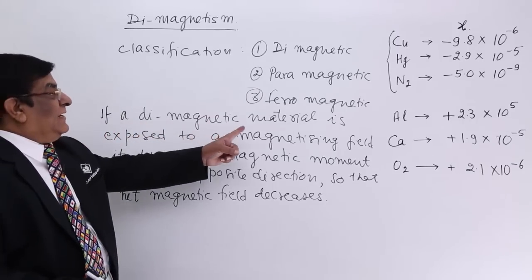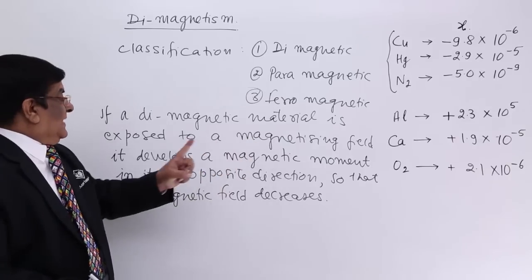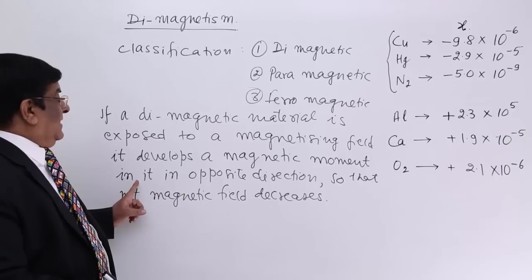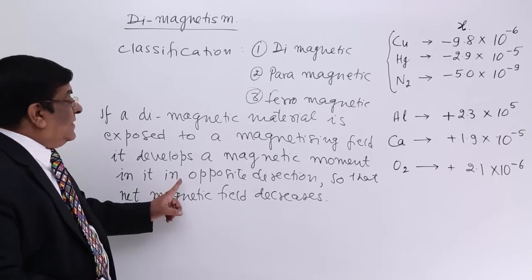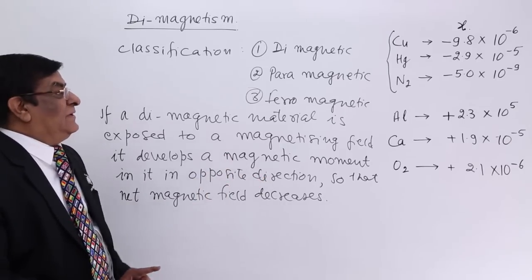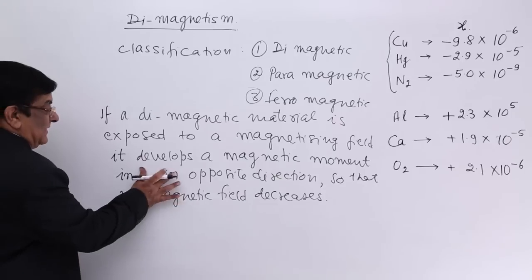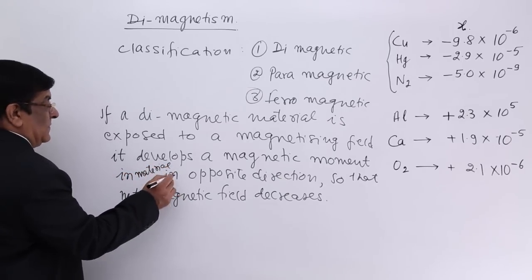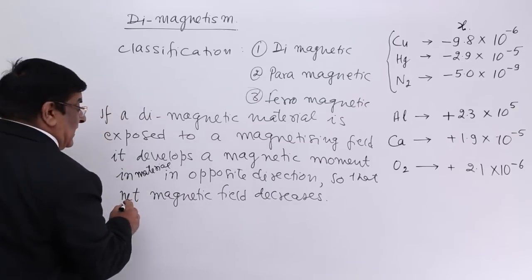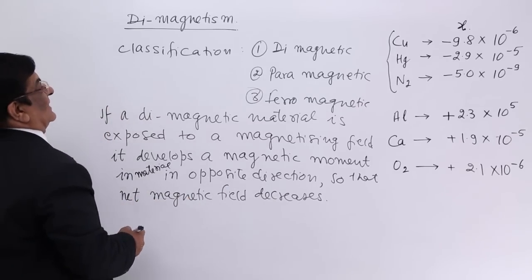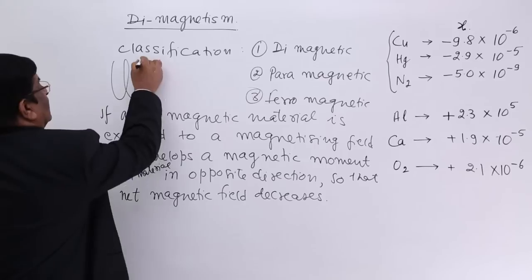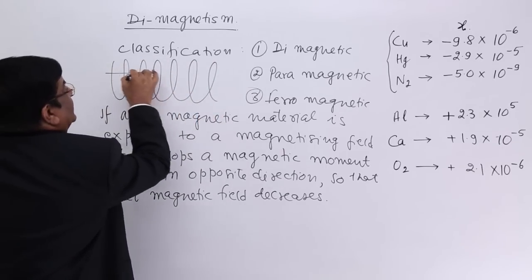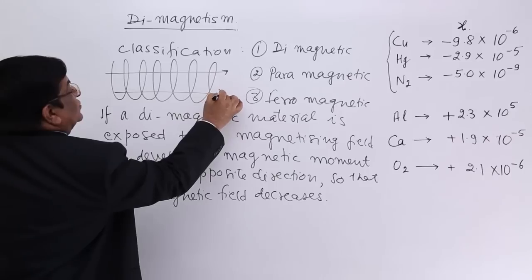If a diamagnetic material is exposed to a magnetizing field, it develops a magnetic moment in the material in the opposite direction, so that the net magnetic field decreases. Here the magnetic field is developed in this direction due to current.